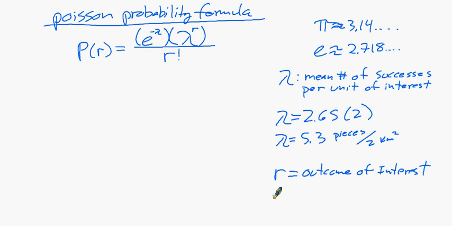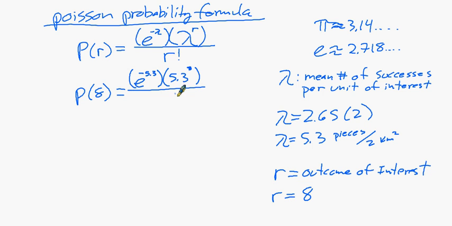It's our outcome of interest, which in this case, of course, is 8. We're interested in the probability of Jonah finding 8 pieces of metal. And so all we need to do is the probability of finding 8 pieces of metal, e raised to the negative. A lot of people will forget the negative sign, and that causes problems, i.e. the wrong answer, times positive 5.3 raised to the 8th, all over 8 factorial.